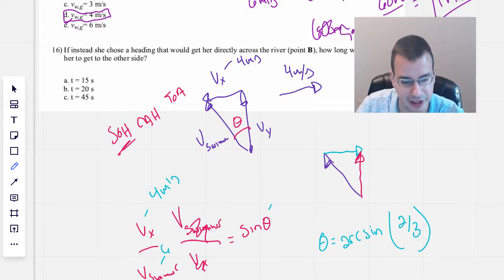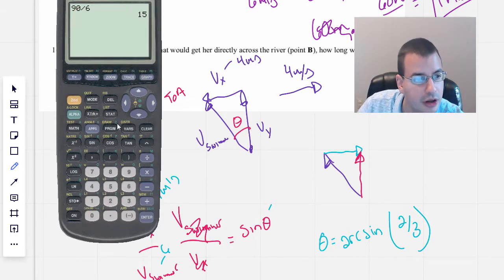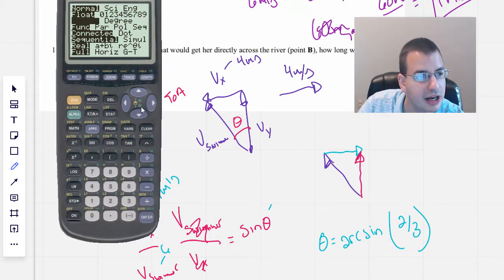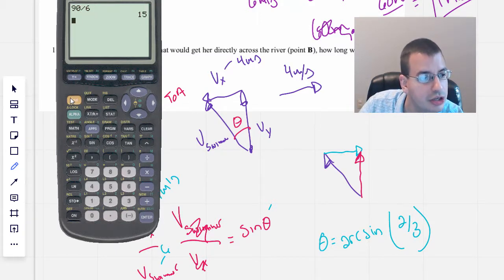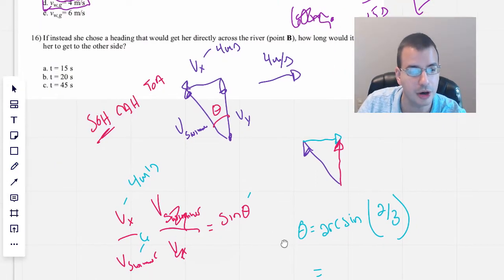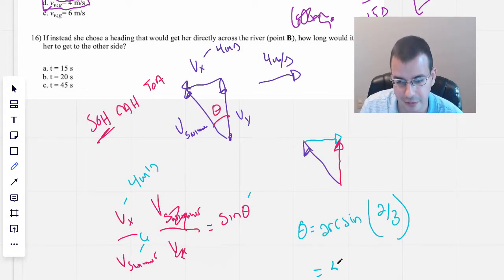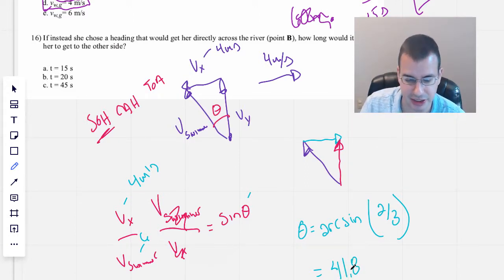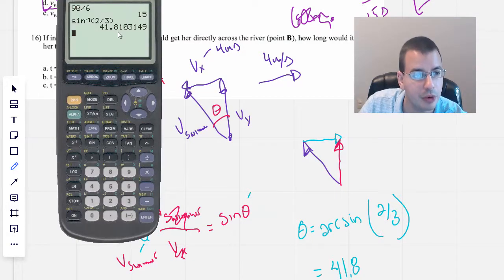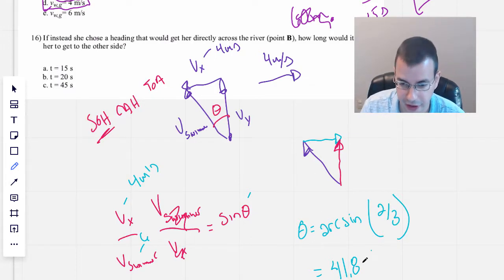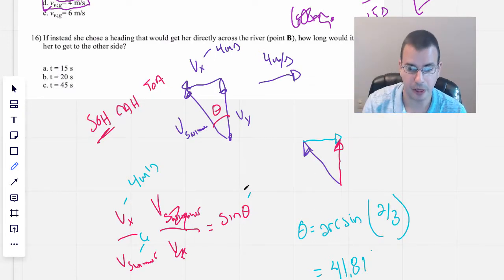And then theta gives us, mode, degrees, second arc sine of 2 divided by 3, there we go, 41.8. Check that to make sure I didn't go crazy. Nope, 41.81. Okay, 41.81 is our theta.